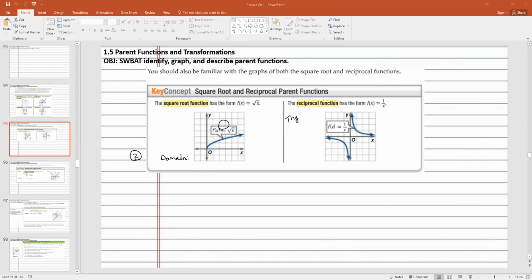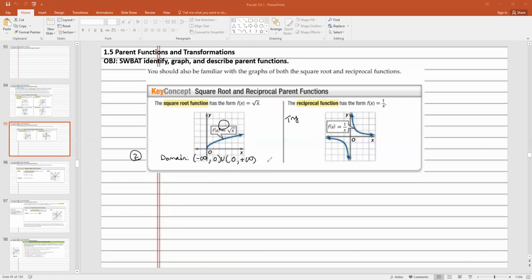All right. So that's our domain. Let's put our domain here. It goes from negative infinity to 0, and then from 0 to positive infinity. They put it in set builder notation, but I'm going to put it in interval notation because it's easier.